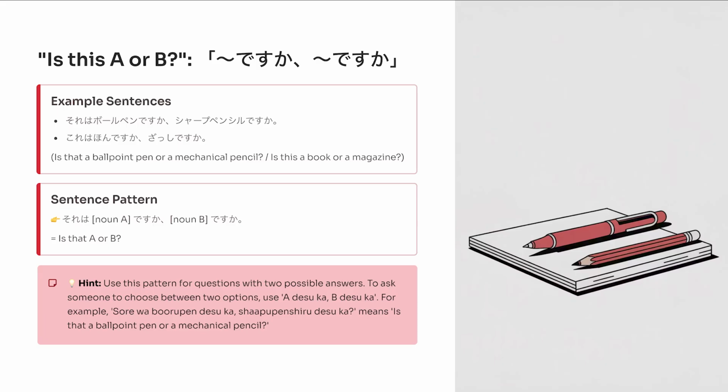Or これは本ですか? 雑誌ですか? Is this a book or a magazine? Just remember, use this pattern when there are two possible answers. It's super useful in stores, classrooms, or anywhere you're not sure what something is. Try saying it out loud.